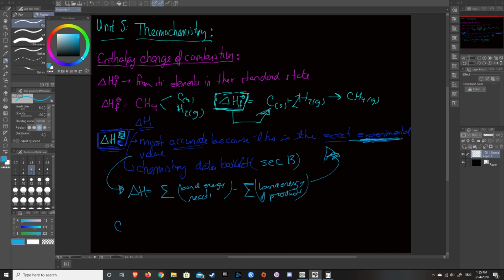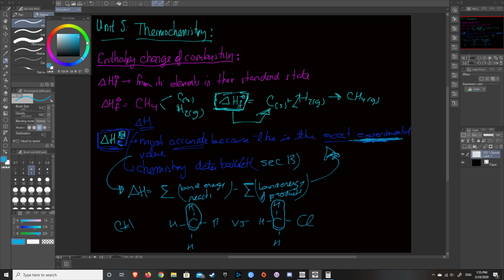If we have a carbon-hydrogen bond, let's say we've got CH4 versus CCl, this assumes that this carbon-hydrogen bond is the exact same as this hydrogen-carbon bond.